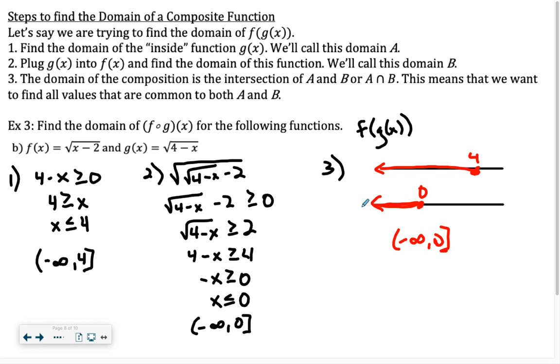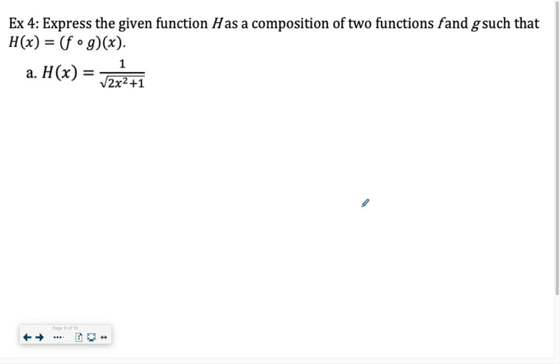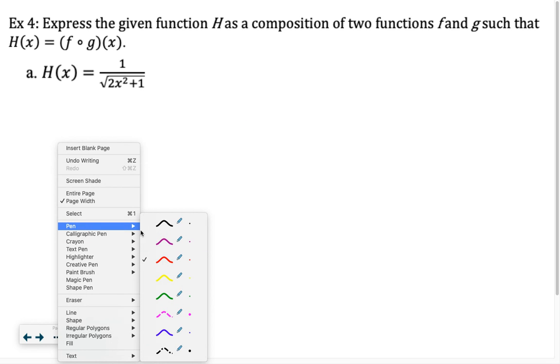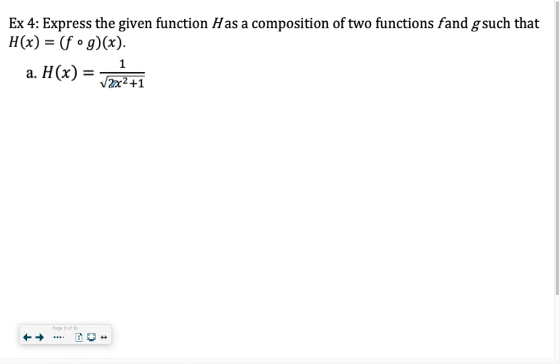Right? The final idea for this video is just rewriting a function as a decomposition. Okay? So here we're saying this is my already composed function. Write this as two different functions, f and g, such that h of x equals f of g of x. Okay, and there's more than one correct answer for a problem like this. But the idea here is to say, well, I can split this up into two functions.